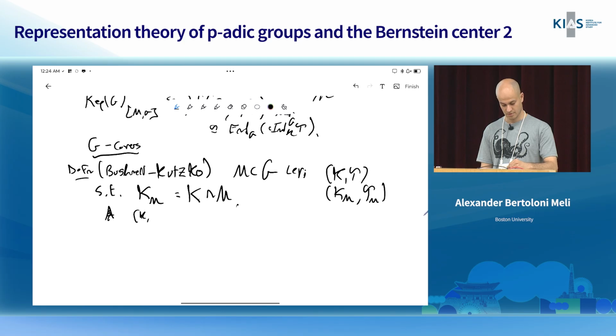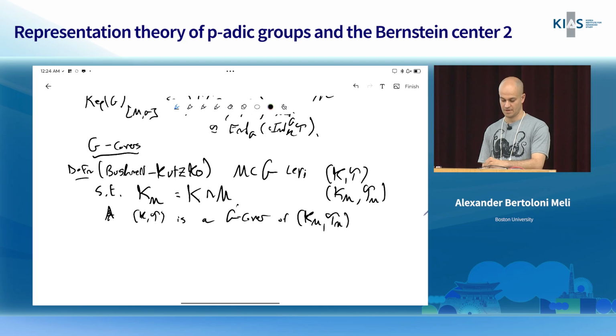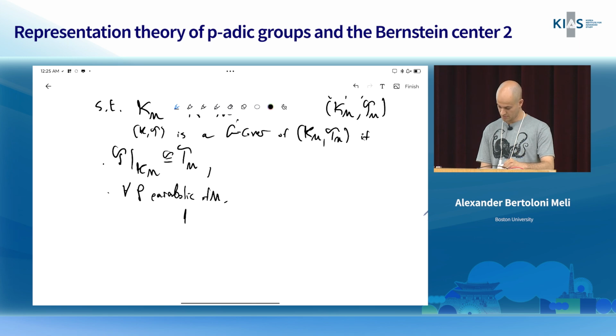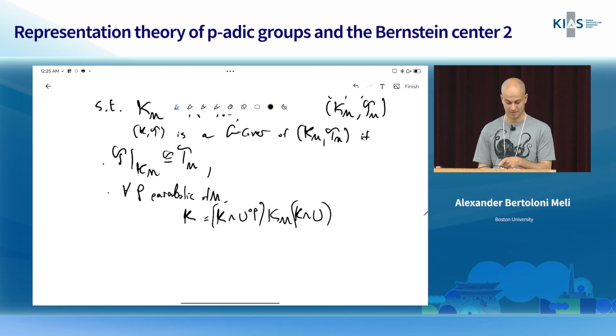So K tau is a G cover of K_M tau_M if tau restricted to K_M is tau_M, and then for all parabolics of M, we have K is exactly like this group.